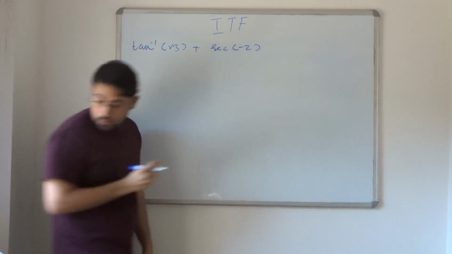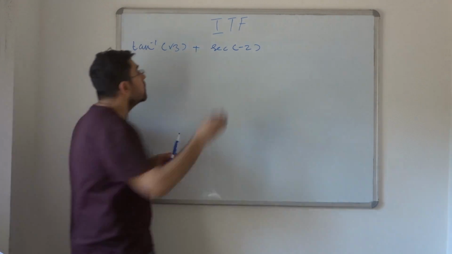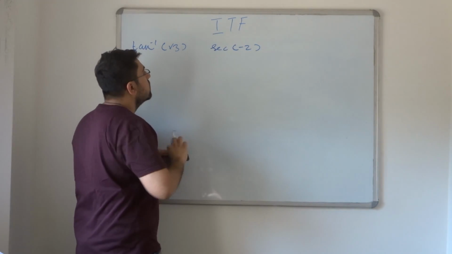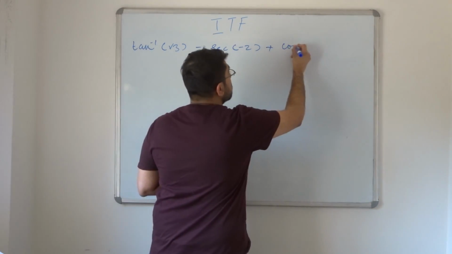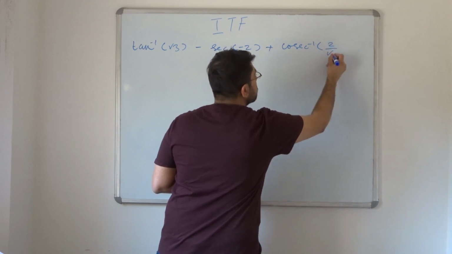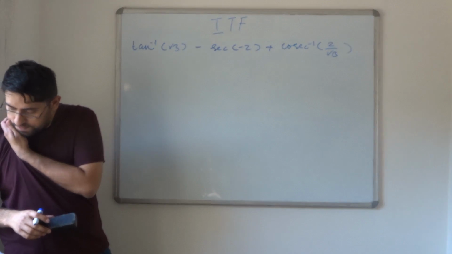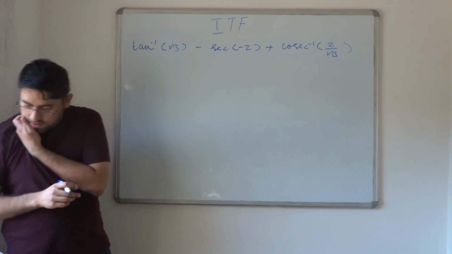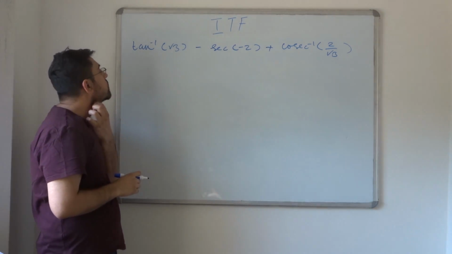Sec negative 2. Okay, sec negative 2. So this is minus sec. You see guys, I'm also rushing while writing, which is why I have to keep erasing. Yes, there we go. So now this is the question.